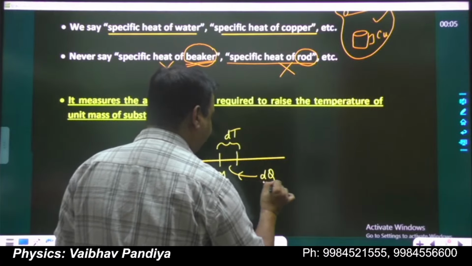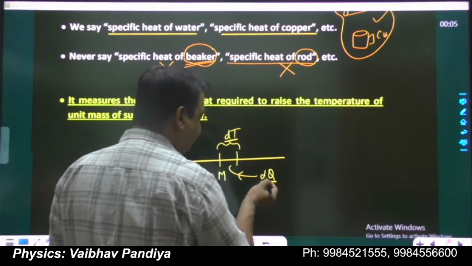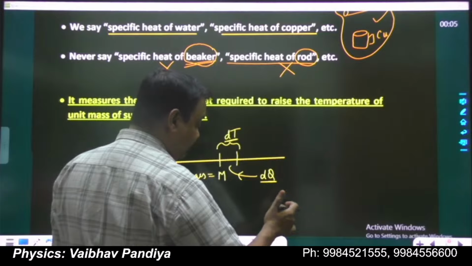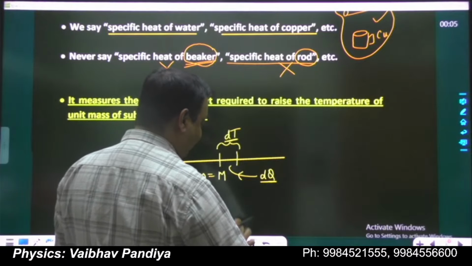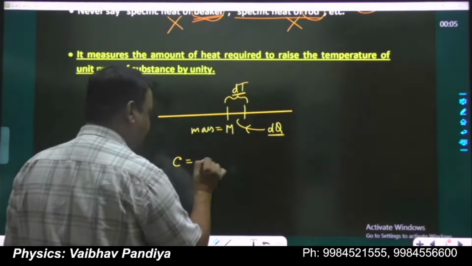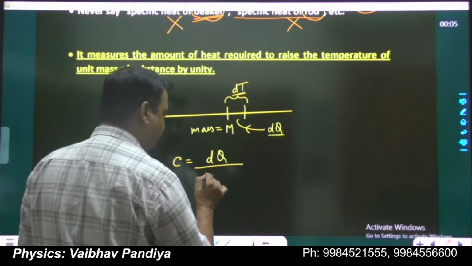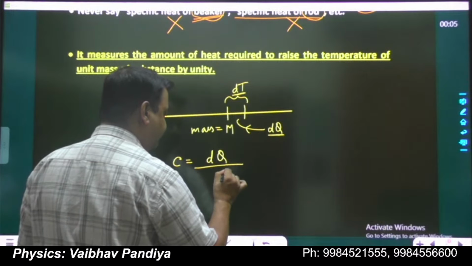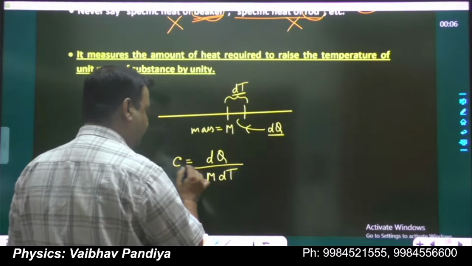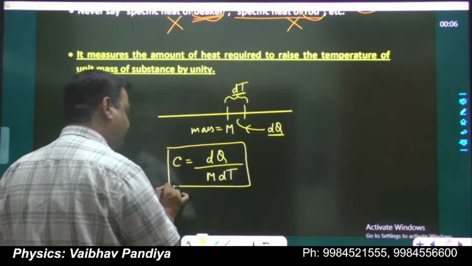We are taking an infinitesimal amount because the heat needed will depend on the initial temperature, so the heat required will not be the same, as we have seen right now. So we define the specific heat as small c, the heat needed dq, per unit change in temperature dt, per unit mass m. So this is the formula for specific heat.